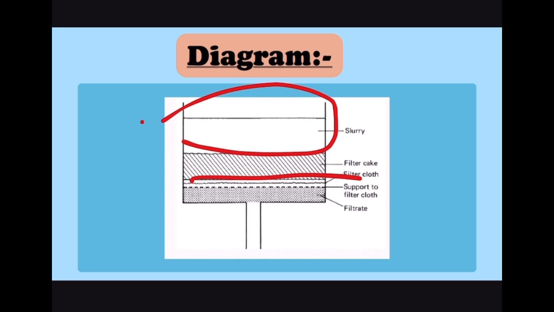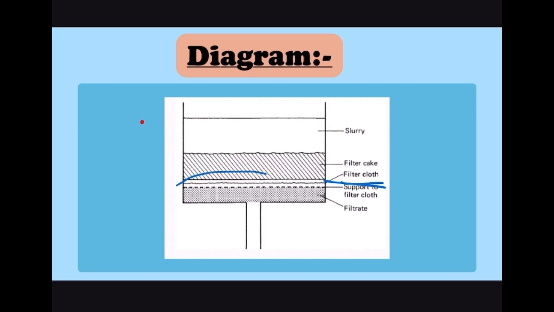The filter cloth acts as a porous medium, and beneath the filter cloth, the clear liquid called the filtrate passes through and is collected. This diagram clearly explains how filtration separates solids from liquid.